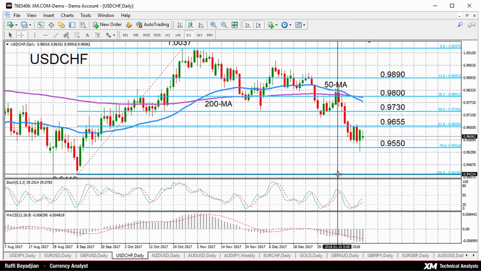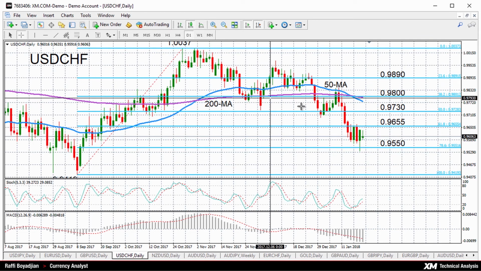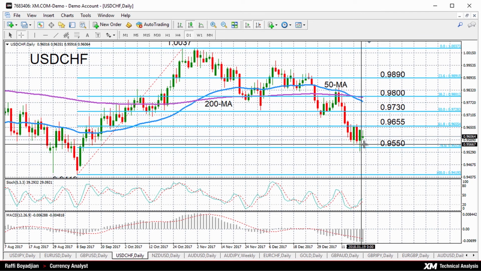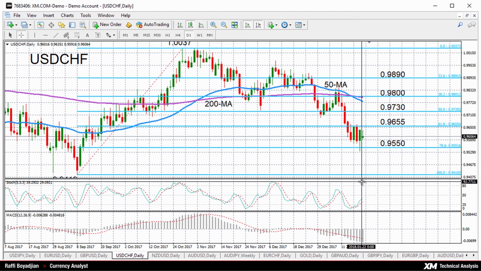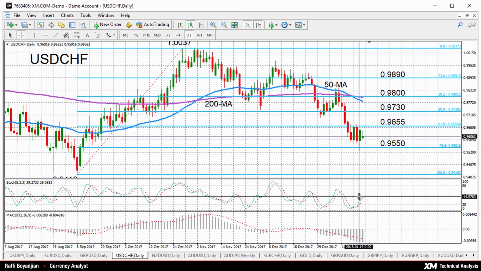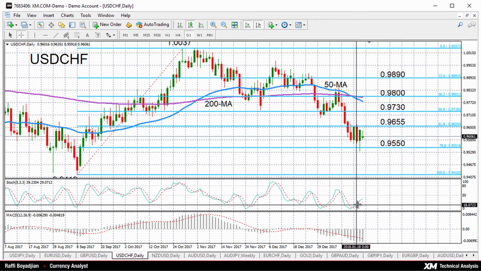And our final pair for this week is dollar Swiss franc, which is in bearish territory at the moment. We can see the stochastics are below the 50 level, although they are trending upwards.